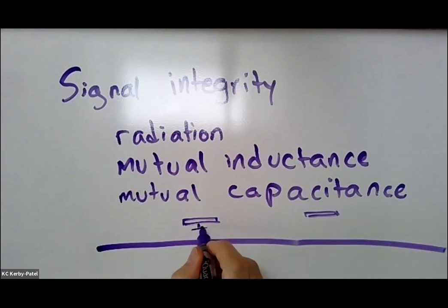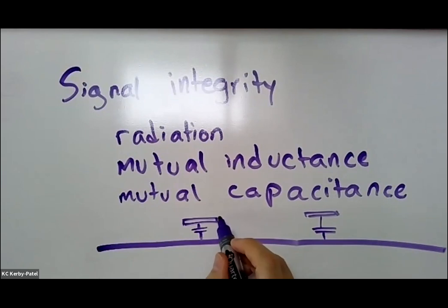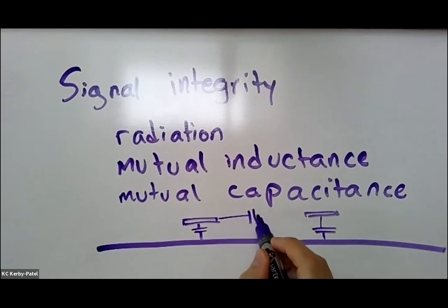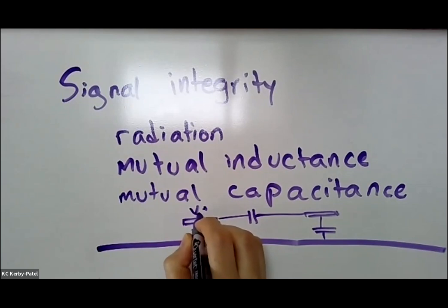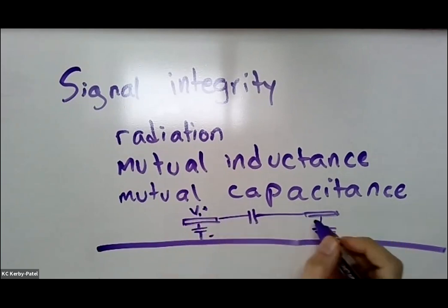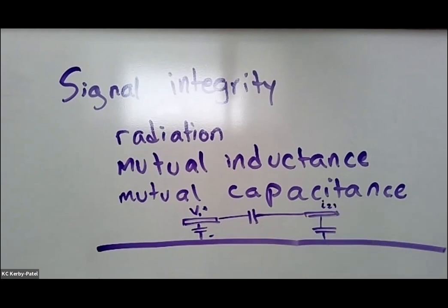They each have their per unit length capacitance between them and ground, which we have talked about before. But if they're close enough to each other, they might have a substantial amount of capacitance between them. And that means that, again, if there's a voltage on this one, you might end up inducing a current on that one.